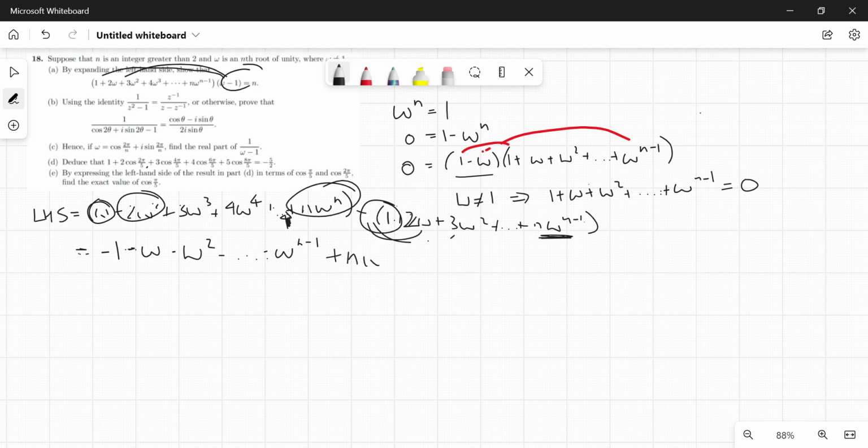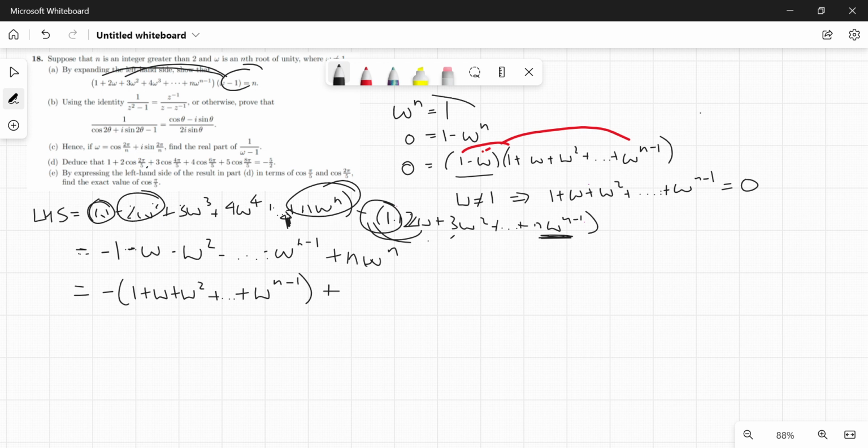So plus nW to the power of n, and of course, if I just put that minus outside, factorized by the negative, we're going to go all the way up to our n minus 1 there before we have, well, actually this is going to be n.